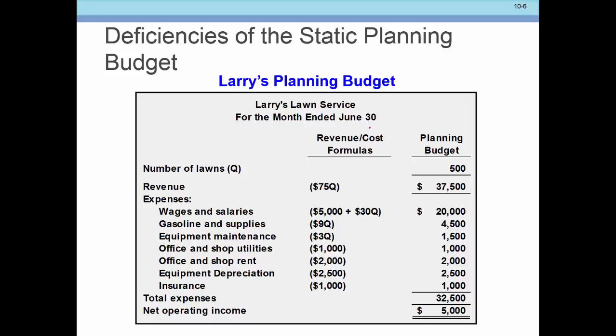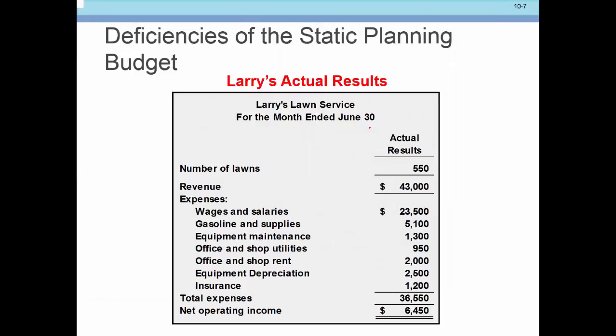If he mows what? 550 lawns, all of a sudden you take a look, and he's getting different numbers, and we start to say to ourselves, well, is he getting these different numbers because he mowed more lawns, or is he getting different numbers because he didn't pay the right prices here, right? Okay? So, what's happening? We received the right prices for the work that he's doing.